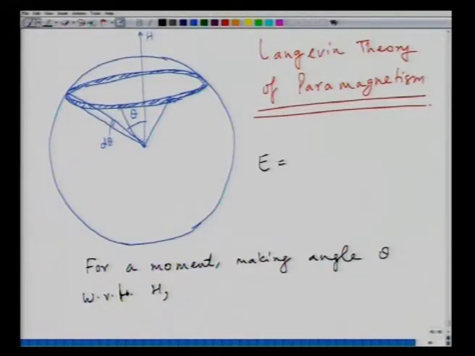Now you know that the energy of these magnetic dipoles, in the analogous way as for dielectric materials, is given as minus mu dot H. So this is nothing but minus mu_m H cos theta. Naturally, as theta is 0, the energy becomes minimum.